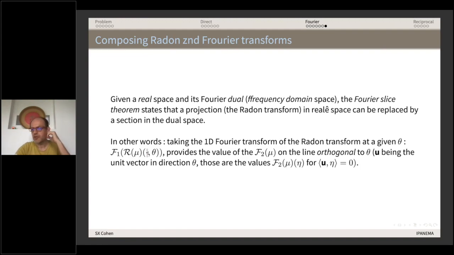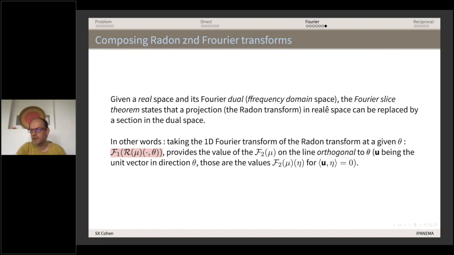So it's a 1D function. The only variable I have in this function is the r parameter. If I'm taking the Fourier transform of this, I'm just inverting a few sums because they commute. This will be exactly the Fourier transform of mu over a section of the space which is orthogonal to theta.